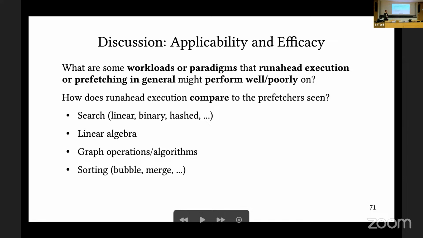So the next thing, maybe linear algebra is also not too complicated, right? Thinking of matrix multiplication. What are your thoughts on that? No, that's again probably a case where prefetchers can perform well, because with matrix multiplication you only need to do the next element, and these are in linear offsets, so you can probably find that pattern quite well.